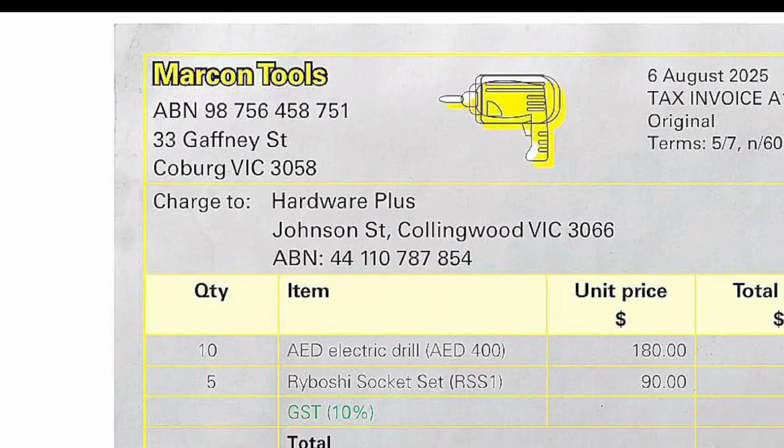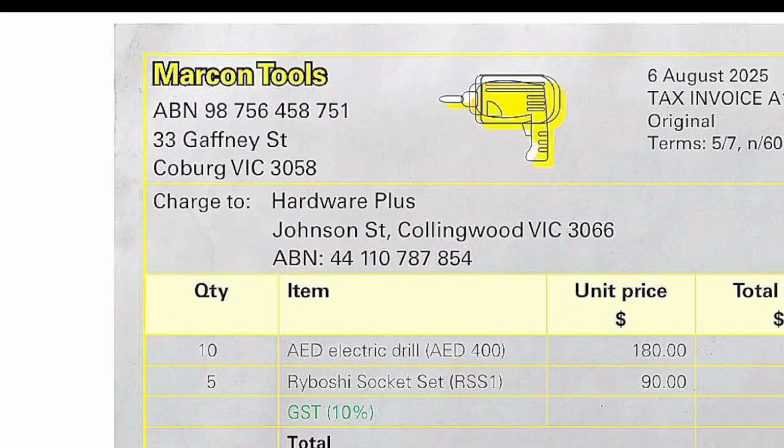In other cases, the original source document is given to the customer. So Hardware Plus receives exactly the same thing. But if you are doing the accounts for Hardware Plus, it is a purchases invoice. If you are in Marcon Tools, it's a sales invoice.